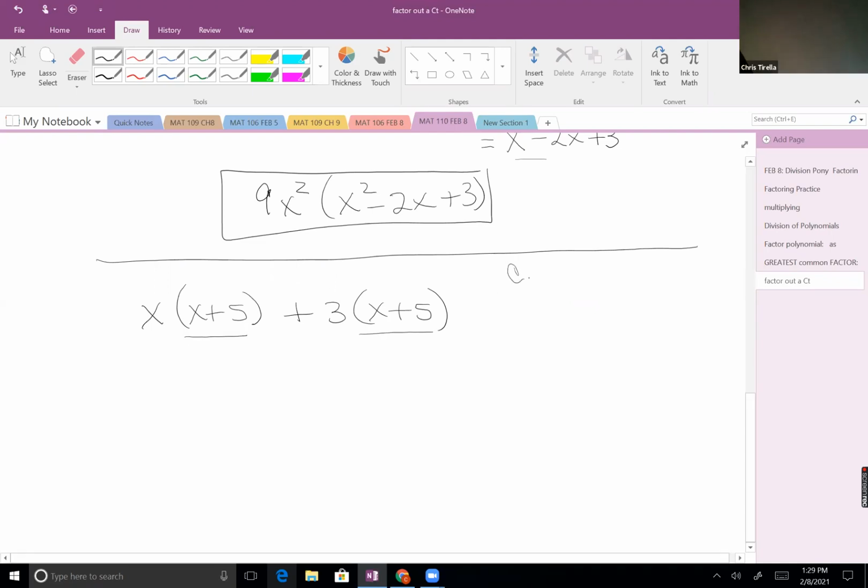The common factor is a binomial. So we're going to say that the common factor can be a polynomial. And so what they have in common, both sides of that plus sign, is a factor of x plus 5.